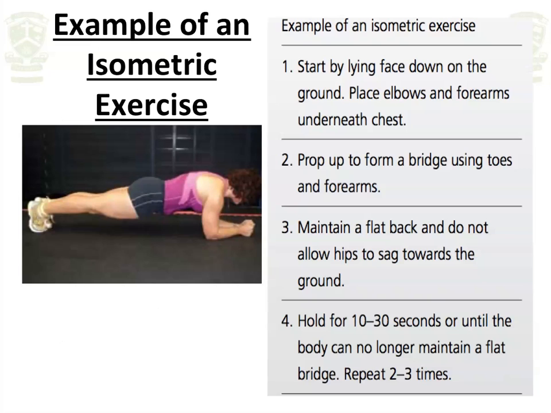You can see here over the page, this is an example of an isometric exercise. This lady is holding that particular pose for 10 to 30 seconds, or until the body can no longer maintain a flat bridge. What that's saying is only hold it for that long, because if you start to cheat and go into bad technique, then you can potentially cause injury.